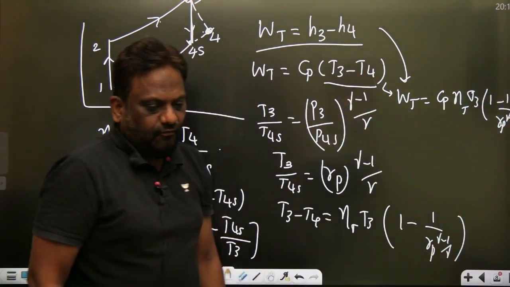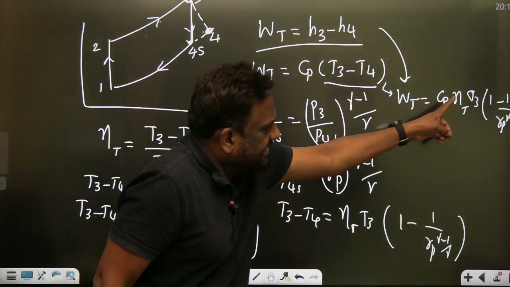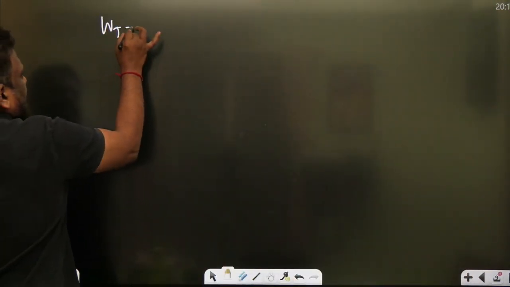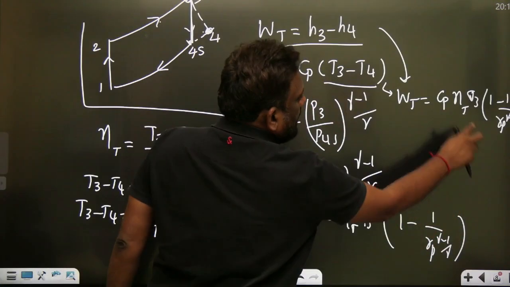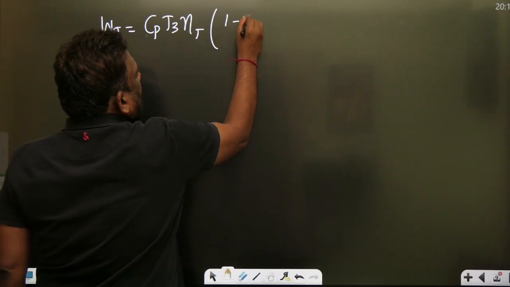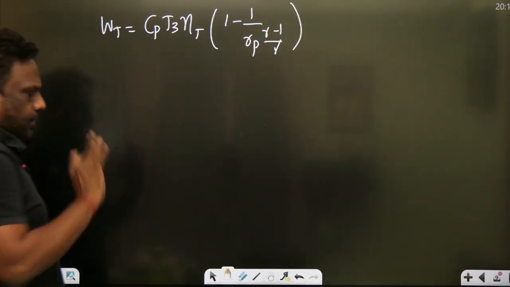This is the equation for turbine work. So the turbine work can be written as Cp T3 turbine efficiency into 1 minus 1 by Rp power gamma minus 1 by gamma. This is the one. Very good.